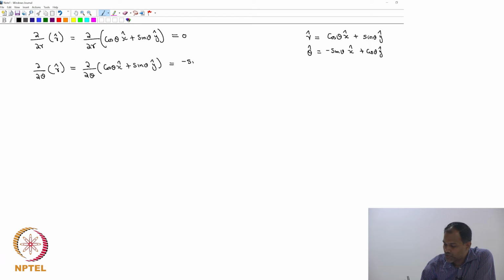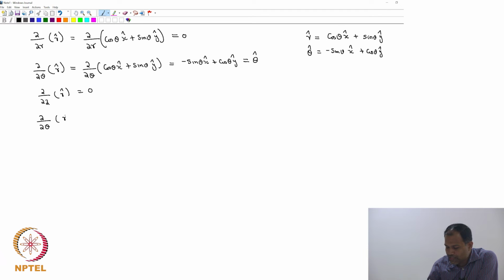So that gives you minus sin theta x cap plus cos theta y cap. Agreed? What is minus sin theta x cap plus cos theta y cap? Theta cap. So, we found that del by del theta of r cap is equal to theta cap, which is different.